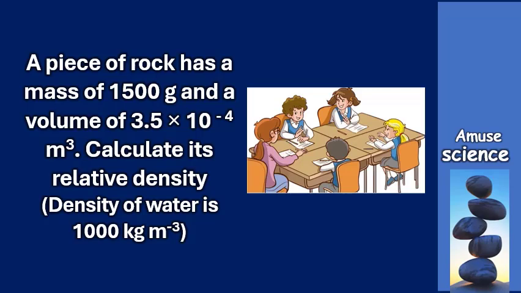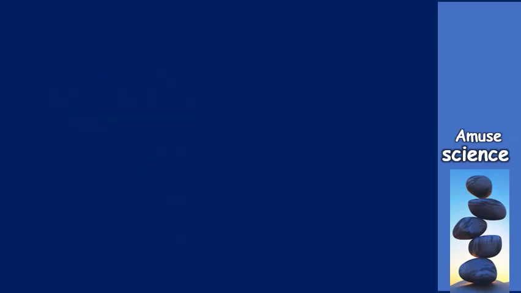Let's take another question. A piece of rock has a mass of 1,500 grams and a volume of 3.5 times 10 exponent minus 4 cubic meters. Calculate its relative density. And the density of water has been given as 1,000 kilograms per cubic meter.